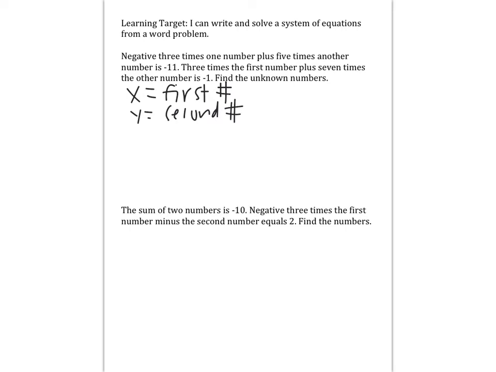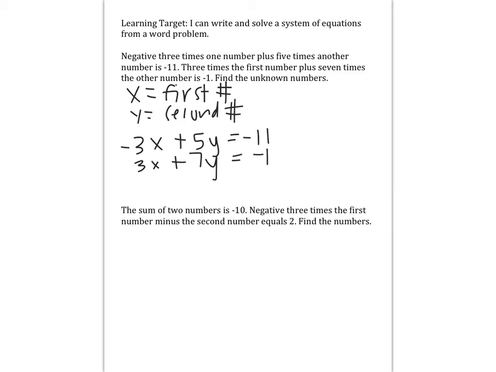So with this first sentence, -3 times x, so times the one number, plus 5 times another, called the second, so that's y, is -11. Okay, the second sentence says 3 times the first number, so 3x, plus 7 times the other number, so plus 7y, is -1.